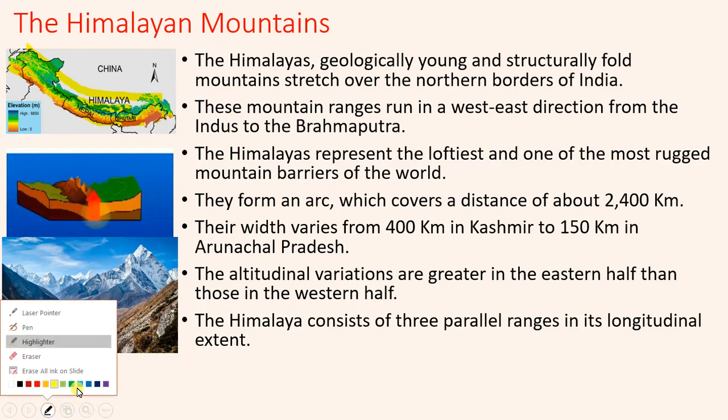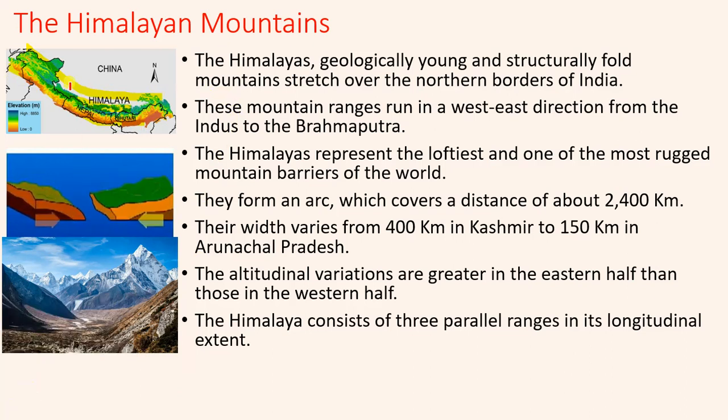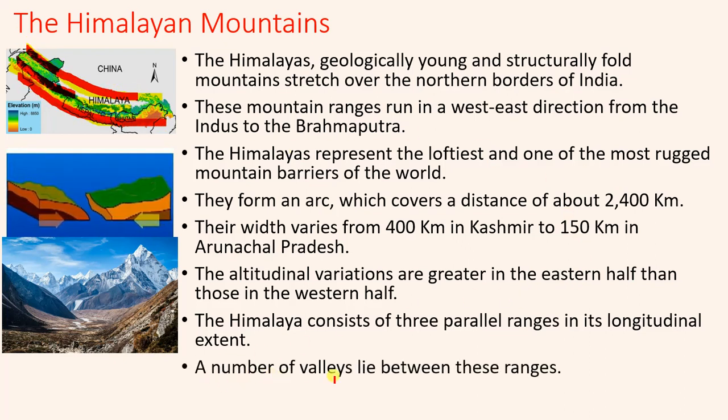Suppose one is like this, one more is like this, and the third one is like this. So there are three parallel ranges of Himalayan mountain. A number of valleys lie between these ranges, and between these ranges there are a number of valleys, low-lying areas, found.